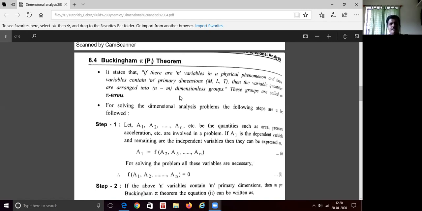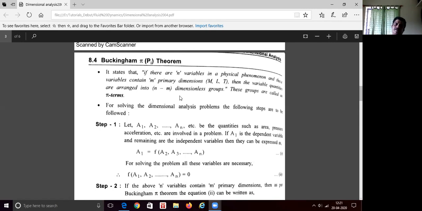See, let us take an example of a rectangle. A rectangle has a length, let us take it as L, and it has breadth B. So now L by B we can write, that is the ratio of length to breadth.